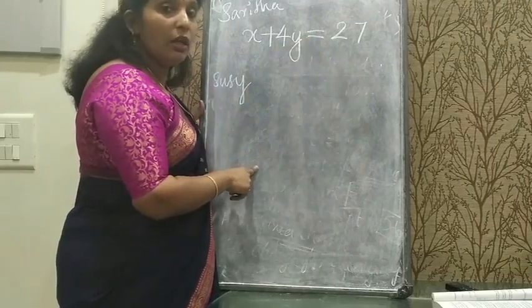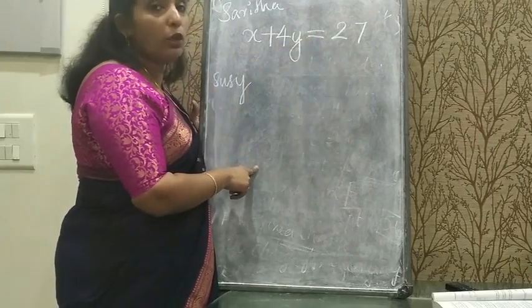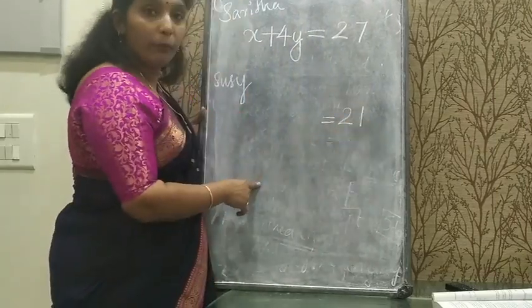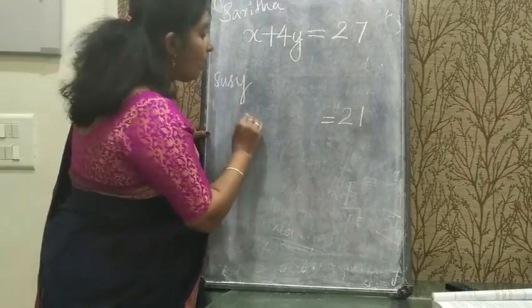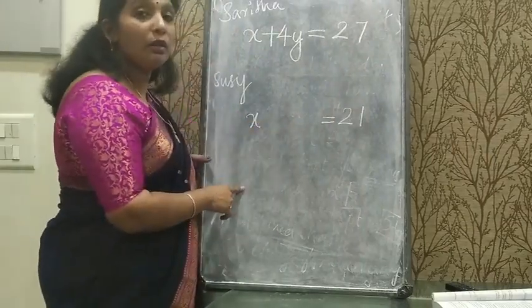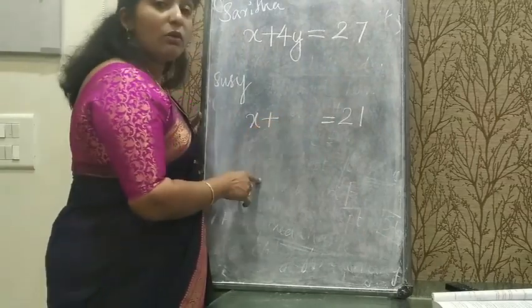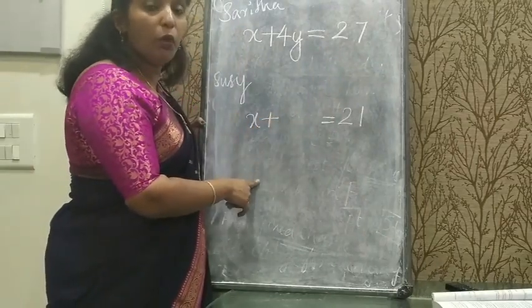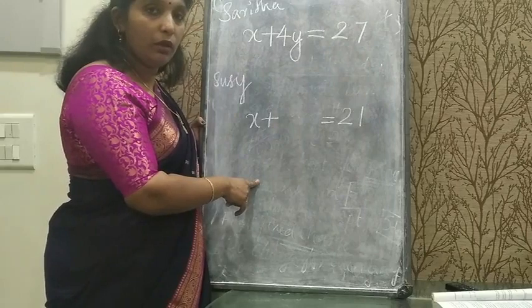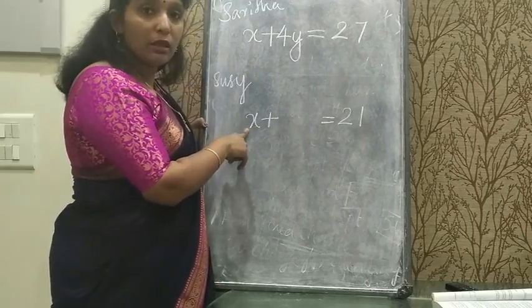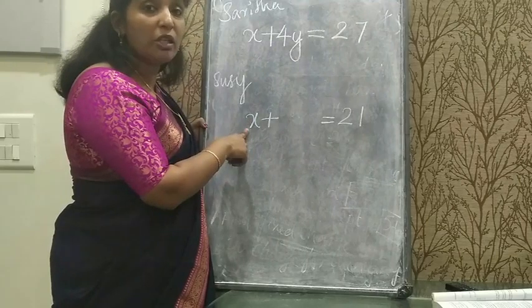Next condition: we know that Susie paid a total of 21 rupees. For 3 days she also pays the fixed amount, that is x rupees. As you saw in the question, she kept her book for 5 days. For the first 3 days she paid x rupees, and the remaining is 5 minus 3, which is 2.